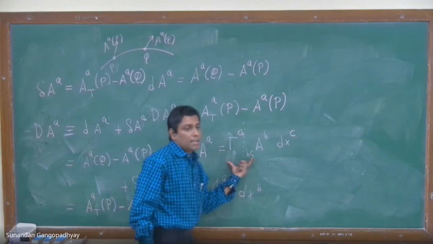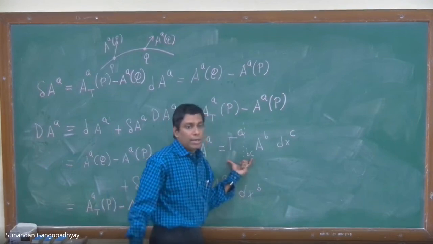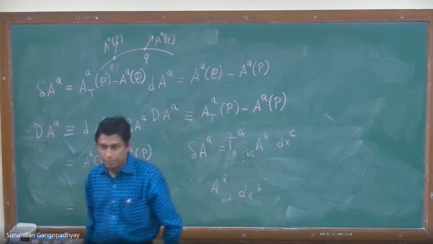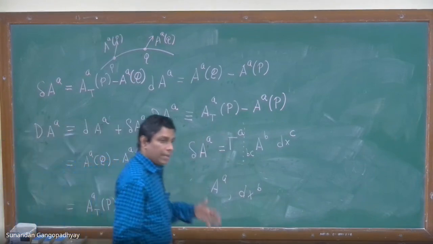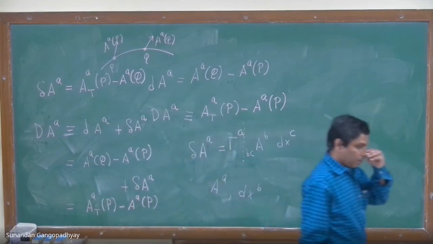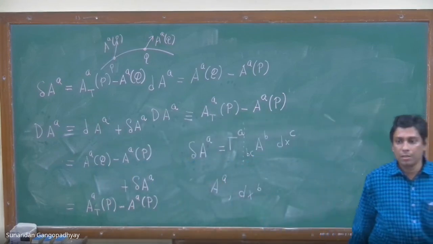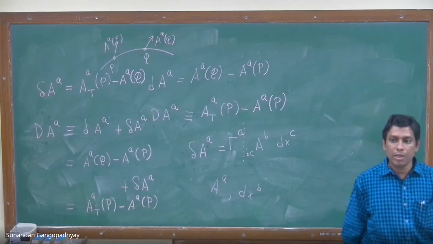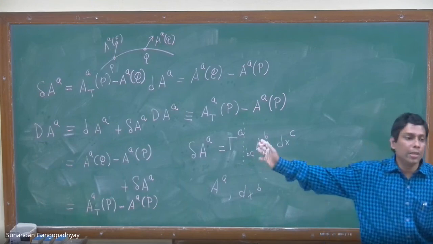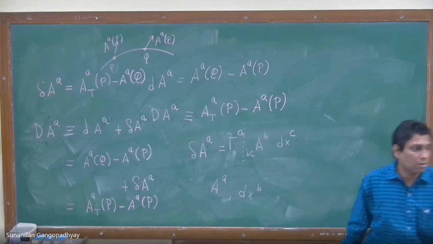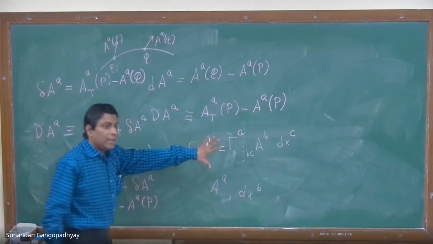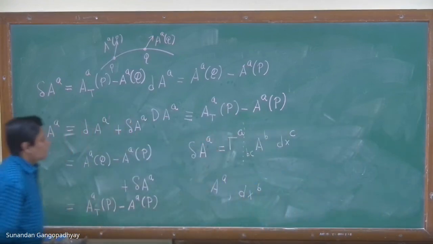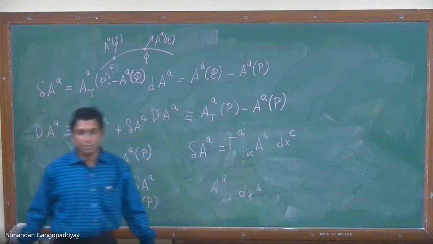This is the extra structure that you put on the manifold now, and this is called the connection. This you have to bring in by hand. There can be other ways of getting a well-defined differentiation which transforms tensorially, but there you don't need to bring any additional structure on the manifold. Here you are providing a rule by hand and bringing in an additional structure, and that structure is this connection.